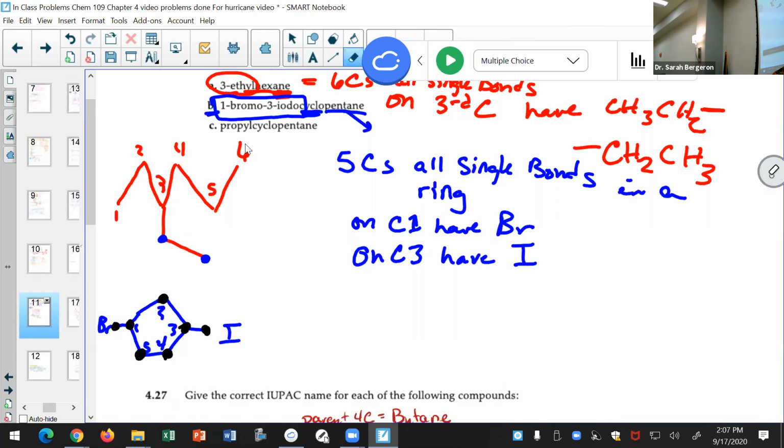The line is leading to another element. It's not leading to another carbon, right? So that line just tells you that you've made a bond with another element, not that there's another carbon there. If there's no element there, you can assume it's a carbon. But if they write iodine or bromine, then you know it's another atom, okay? All right, last one.